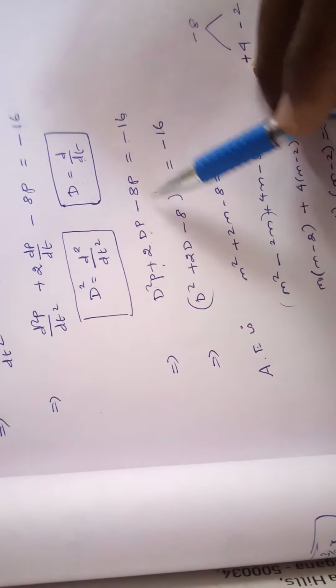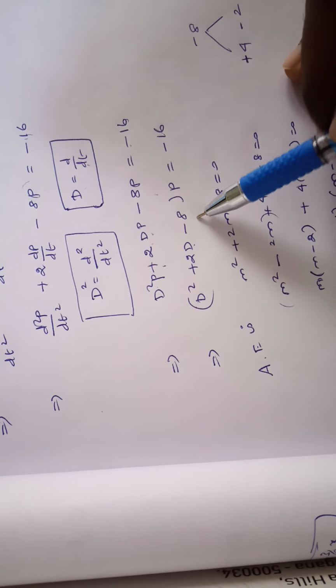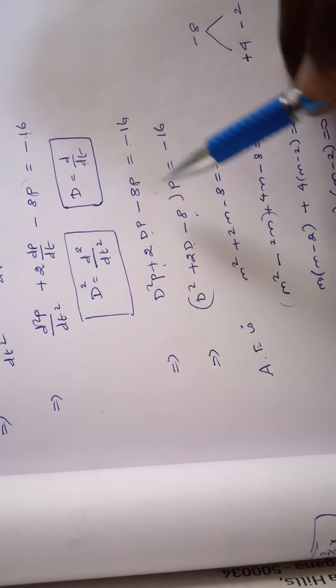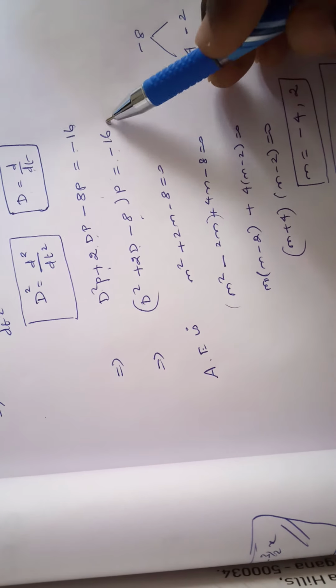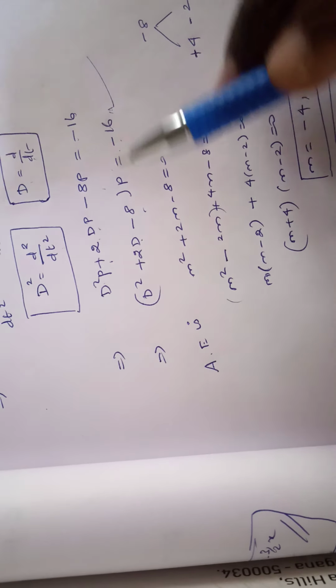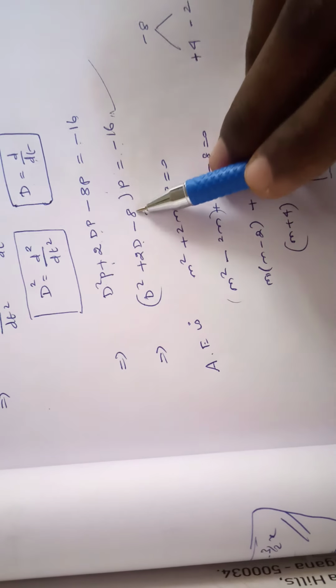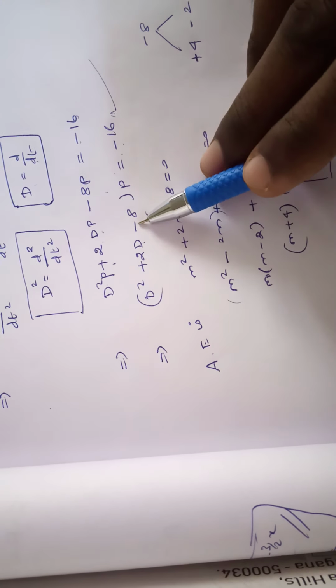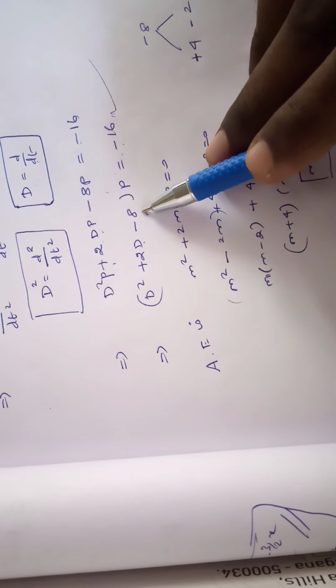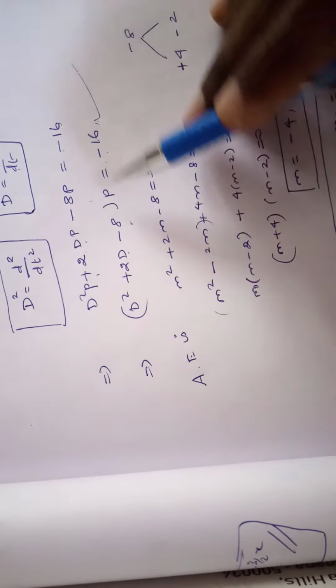Taking p as common, D² plus 2D minus 8 times p equals minus 16. In this differential equation, we have to find the complementary function as well as the particular integral.